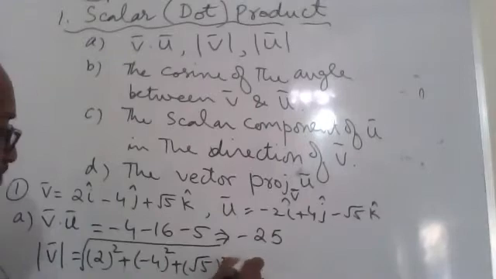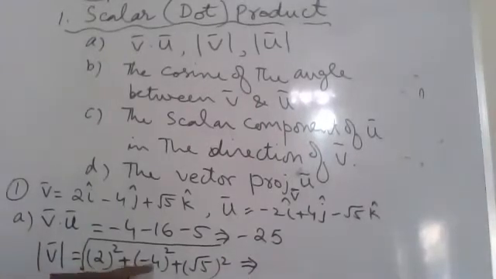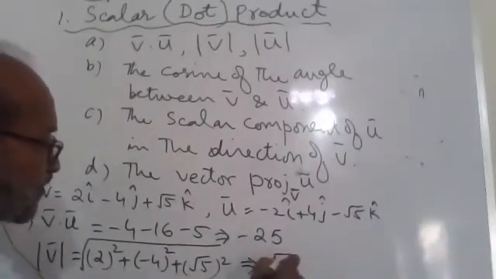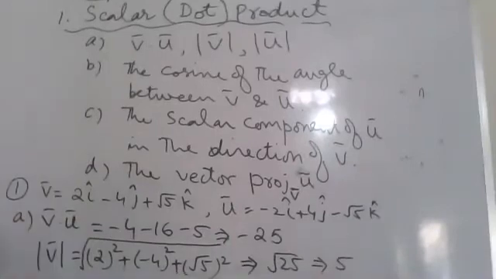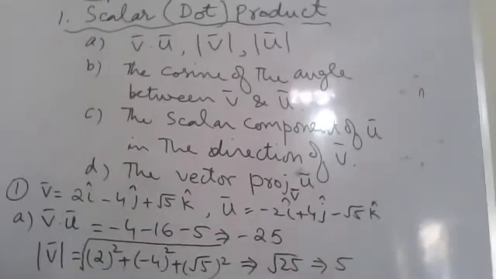The answer will become 4 plus 16, 20, 20 plus 5, root 25 is equal to 5. This is the answer for the magnitude of v.